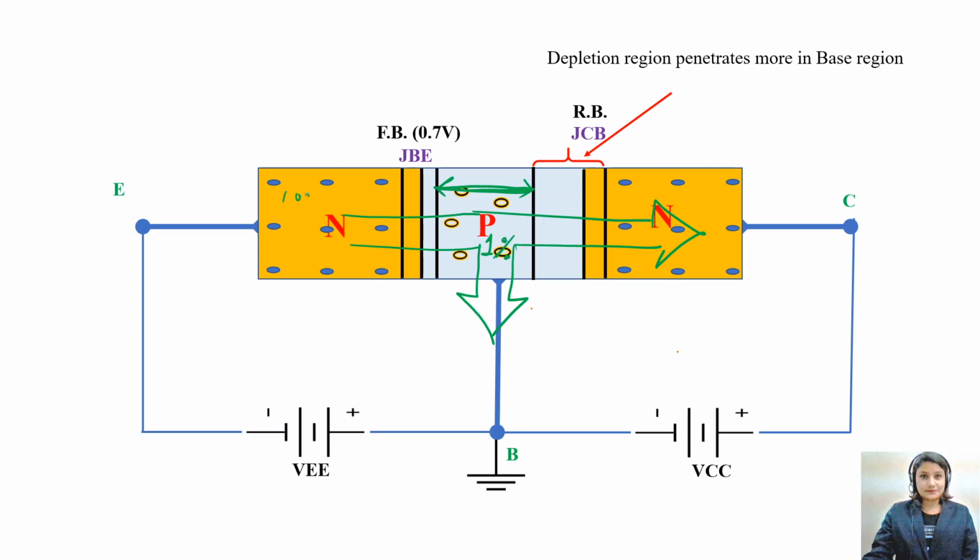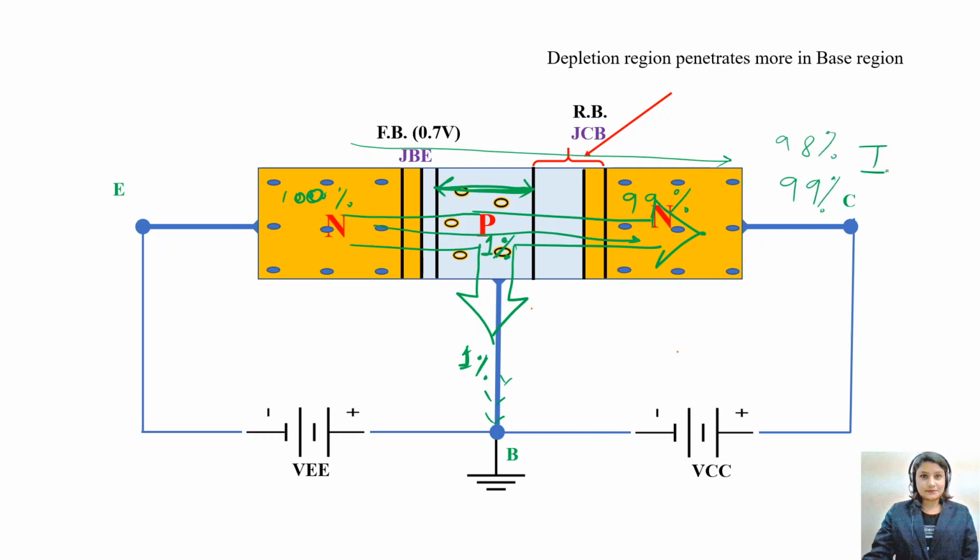From 100%, only 1% of electrons will move away from the base, while the remaining 99% of electrons will be collected at the collector. So few electrons are moving away from the base. A large number of electrons are moving from emitter towards collector. So previously it was 98 and now it has become 99.